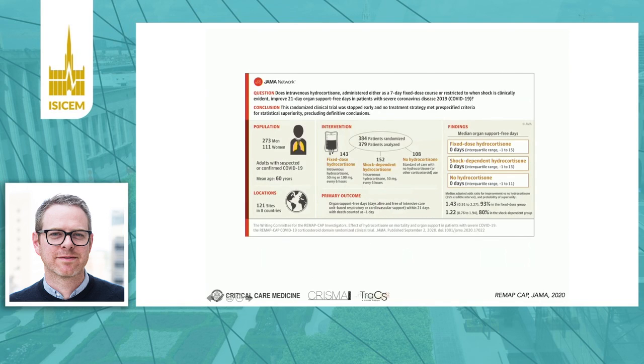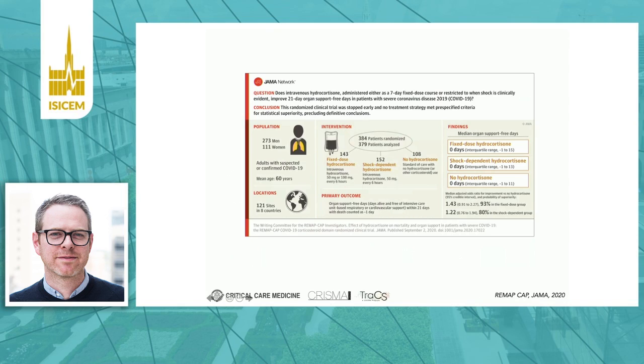Okay, so at the same time that our translational and basic scientists were showing us all of this beautiful, complex data about the heterogeneity in SARS-CoV, we also had this trial and many others that were published just this week in JAMA.